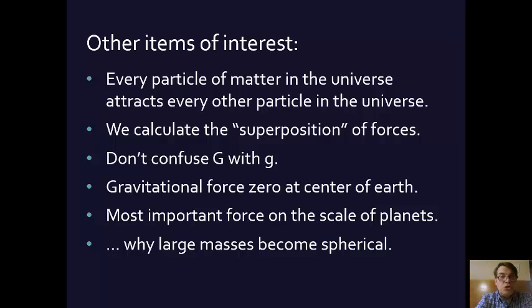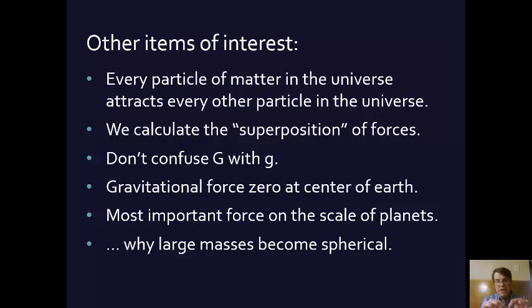Don't confuse G, the gravitational constant, 6.67 times 10 to the negative 11th, with small g, the acceleration due to gravity. On the surface of the Earth, small g is 9.8 meters per second squared. That's the acceleration due to gravity on something at the Earth's surface. By the way, gravitational force goes down to 0 at the center of the Earth.